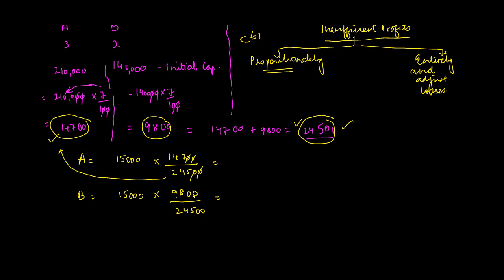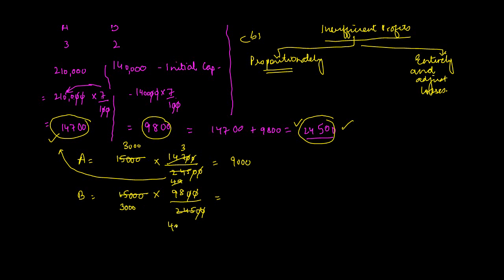If you divide by 5, this will give you 3,000. This will give you 4,900. 49 will go into 147 three times. So A will get 9,000. Similarly, if you divide this and this both by 5, here you will get 3,000.